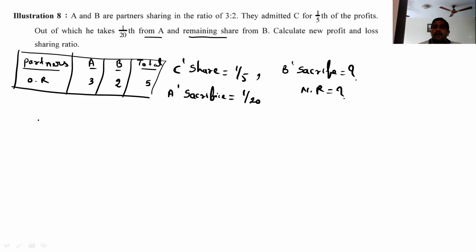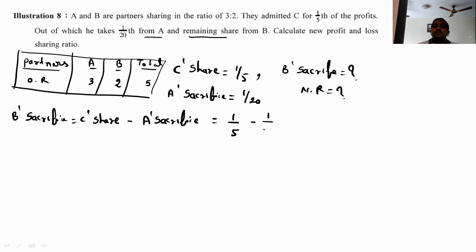So we are starting the sum. I want to calculate B's sacrifice. How can I do it? It's very simple. B's sacrifice is equal to C's share, the new one, minus the share A is giving, so whatever the left portion is, of B. C's share is 1/5, and A's sacrifice is 1/20.